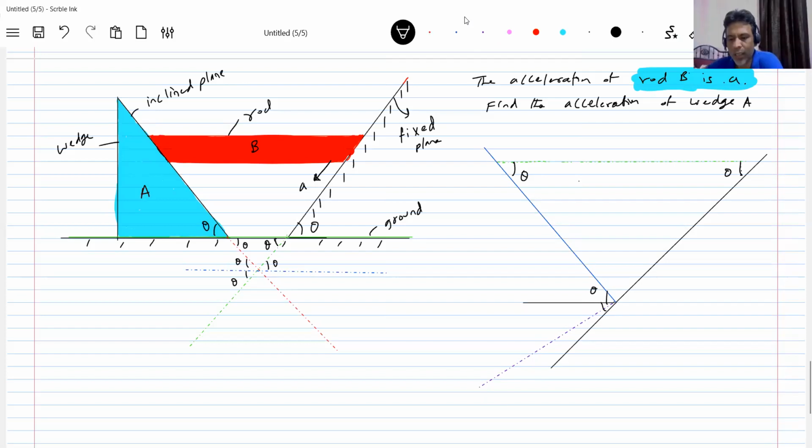Okay, let's indicate all the angles here. So this was theta, this total angle. Let me call this some alpha.